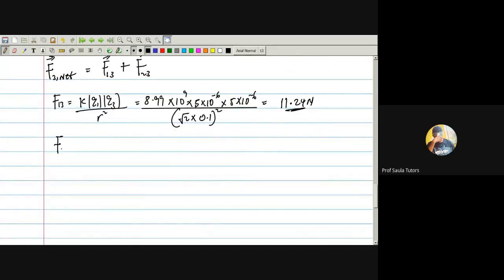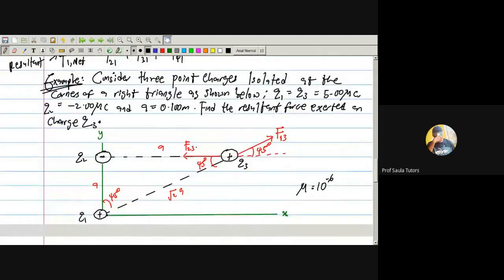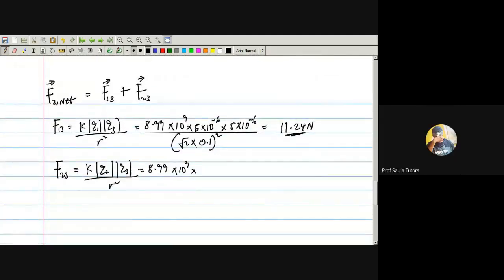Also, you'll find F23 in scalar, the magnitude. It's also equal to K Q2 Q3 over R squared. What would that give you? 8.99 times 10 raised to power 9, times my Q2. If you check, Q2 is minus 2 times 10 raised to power minus 6.